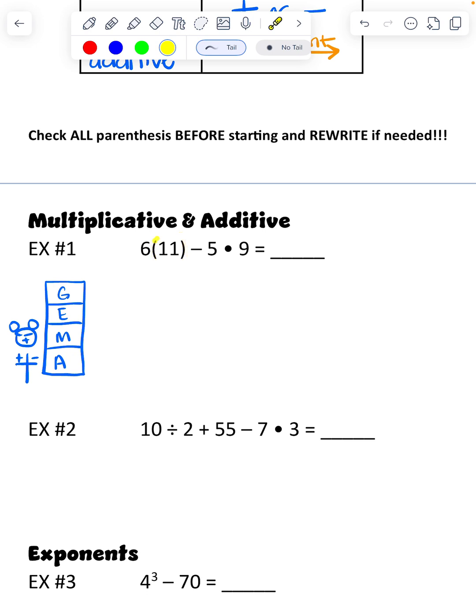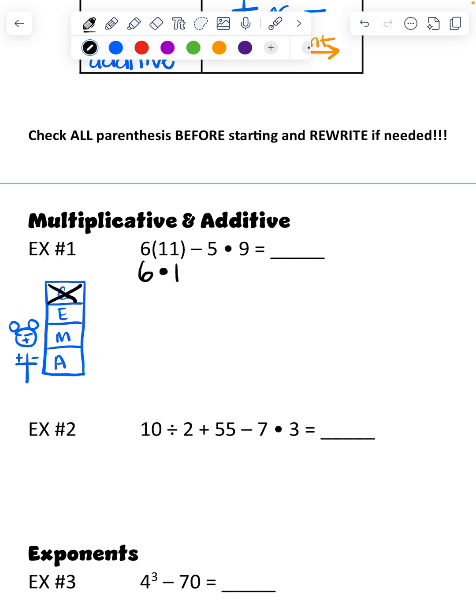The way you look is you ask, is there anything inside to solve? No. What's inside is just 11, so it's not a grouping. I'm going to mark off G. But we have to decide, what is it? I look in front of it first. What's in front of my parentheses? A number. When your parentheses has a number in front, that means to multiply. So we're going to rewrite the problem with a multiplication.